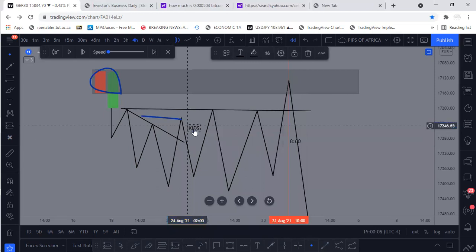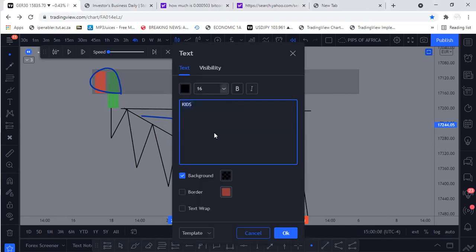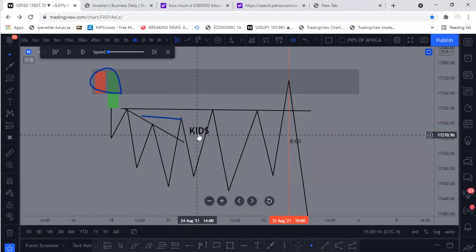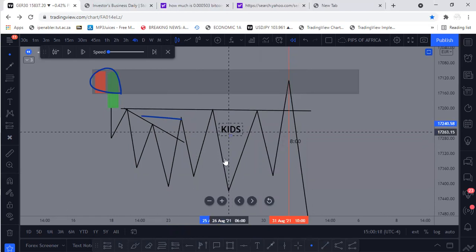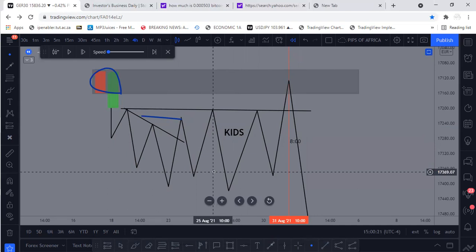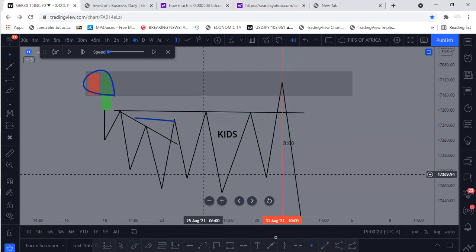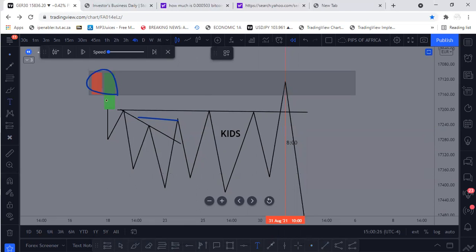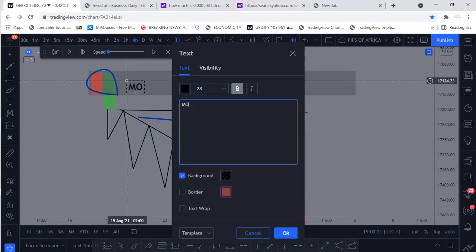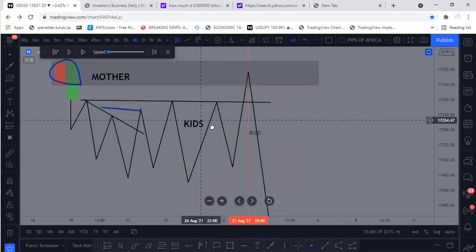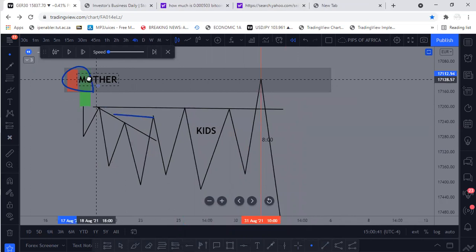Consolidation represents the kids. I'm just making an example, I want you to understand this. This one is the mother, the order block, that caused the market to consolidate like this. The order block is the mother of the consolidation.